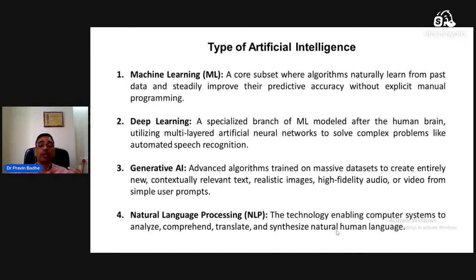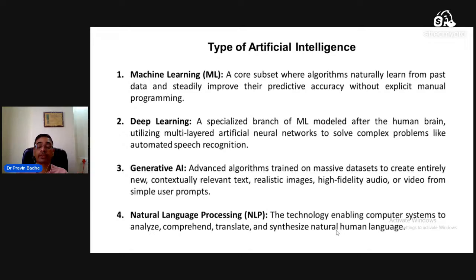Now, the major part for us is natural language processing, which enables the computer system to analyze, develop, translate, or synthesize information using natural human language. I mentioned earlier that developing a tool was very difficult previously.